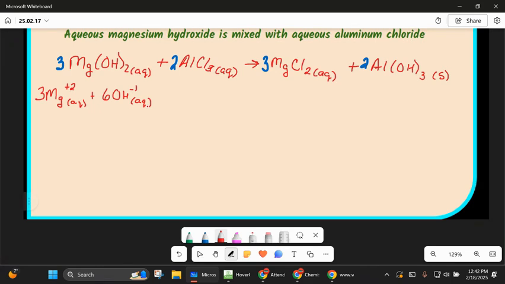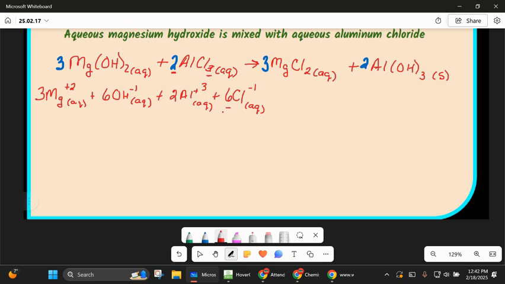Okay? So now we go to our next compound. Our next compound would have 2 aluminum 3+ ions that are aqueous. And it would have 6 chlorines, again that are aqueous, charge of a -1. Again, the 3 here and the 2 here give me the 6 that is in front there.